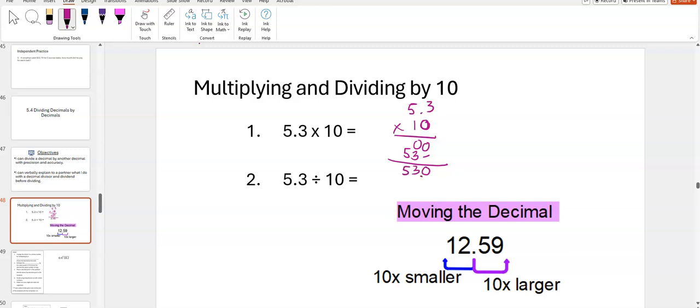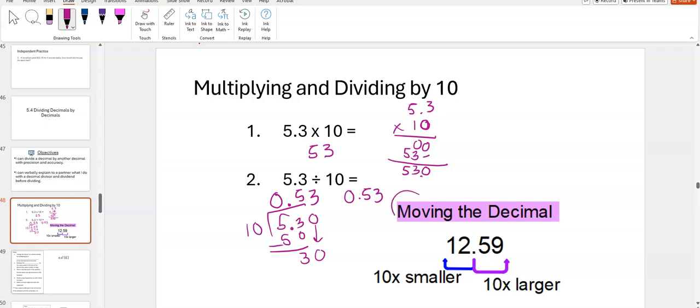If I'm dividing 5.3 by 10, same thing, that decimal point comes up here and everything shifts the other direction, because 10 goes in 0 times, then 5, and then 3. So when we are multiplying or dividing by 10, we are just moving our decimal point to the right when multiplying and to the left when dividing.